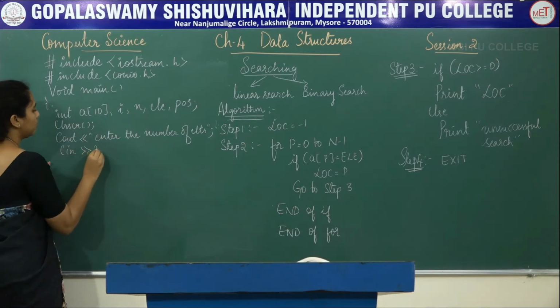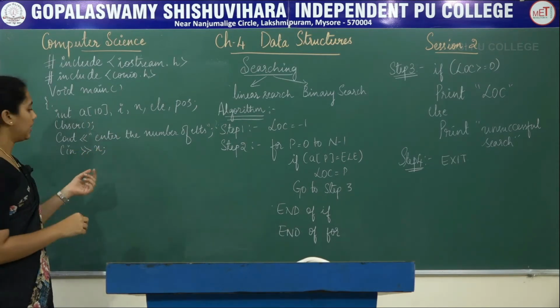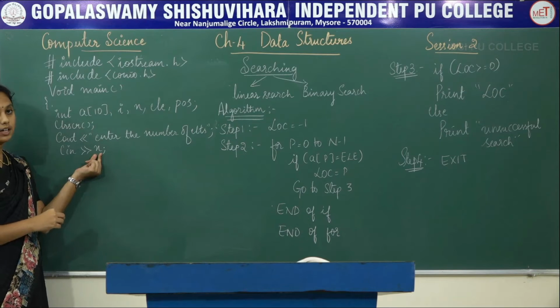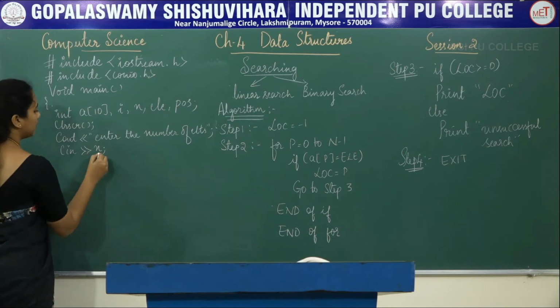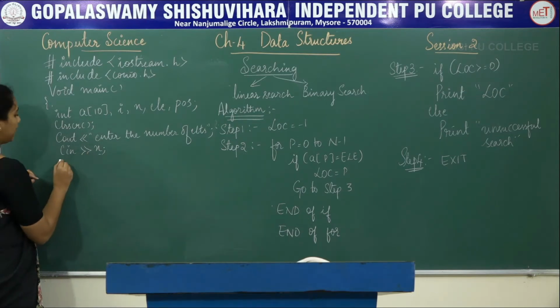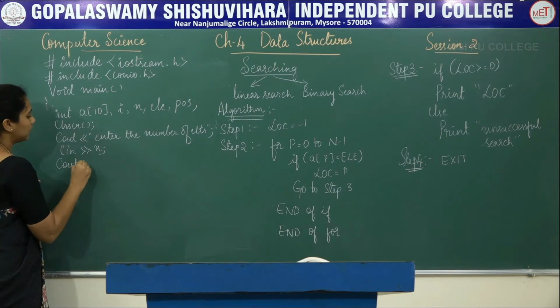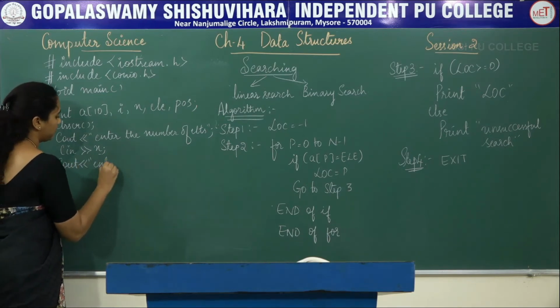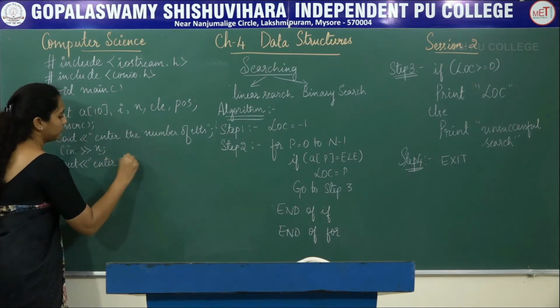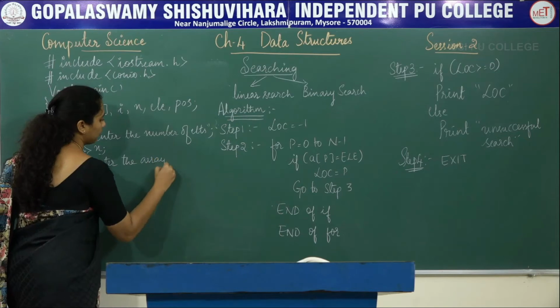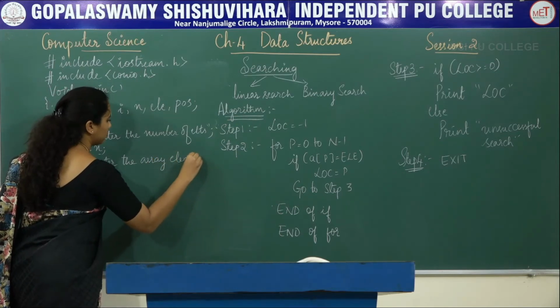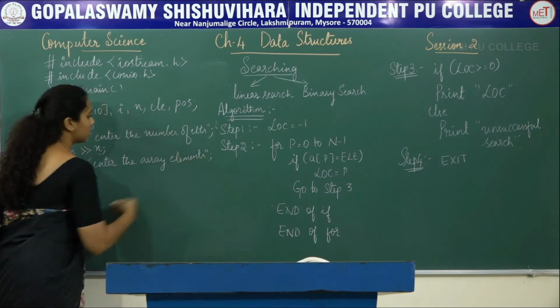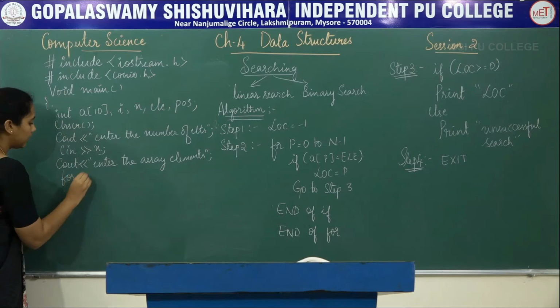We are going to store 4 elements here. Hence I am giving the variable name n here. Next, cout, enter the array elements. Here the user is going to enter the array elements.